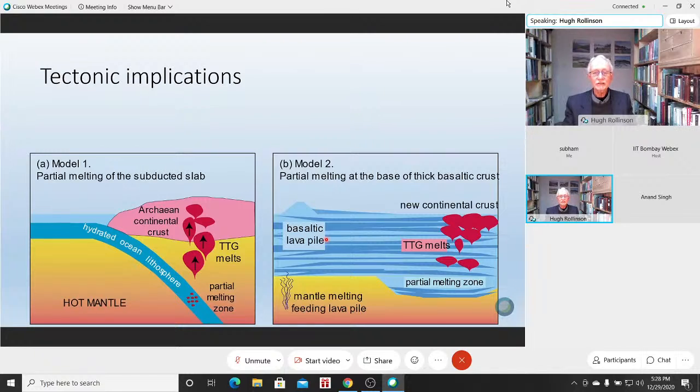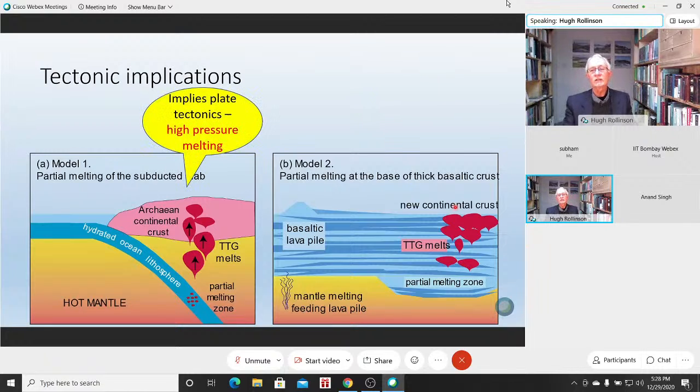And this huge thickness of basaltic lava became so thick that it began to melt at depth, again assisted maybe by a hotter than present day mantle. And so we may have had at the base of this thick lava pile a partial melting zone in which TTG melts were created and new continental crust was formed.